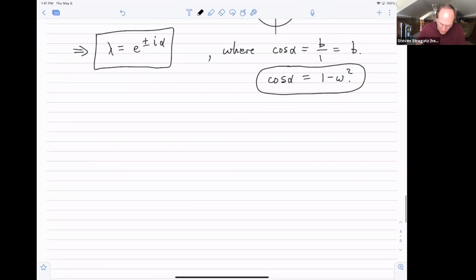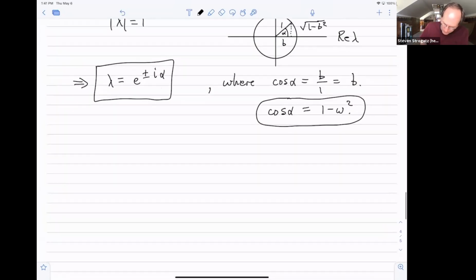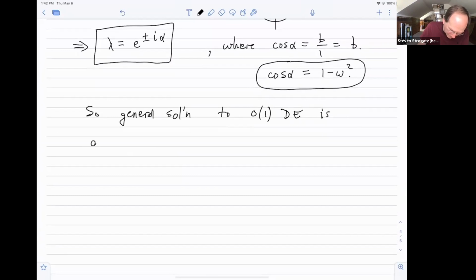So my general solution to the order 1 difference equation is A sub n, some constant, let's say C1 lambda 1 to the nth power plus some other constant C2 lambda 2 to the nth power.